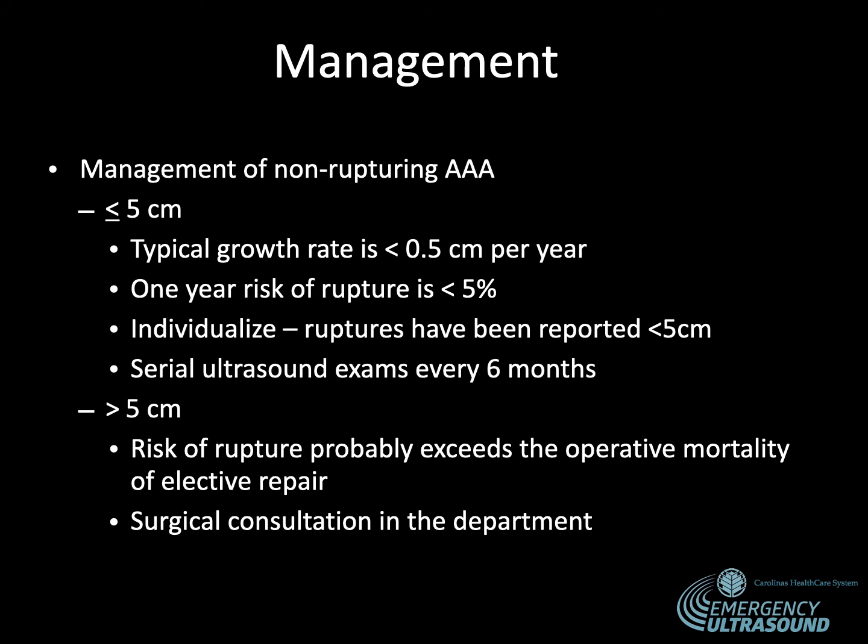So with this, typically serial ultrasound exams are performed every 6 months, and these patients are followed. If your AAA is greater than 5 centimeters, the risk of rupture just about exceeds the operative mortality of elective repair. So if I have a patient with a 5 centimeter AAA in the emergency department, I'm getting a surgical consult.